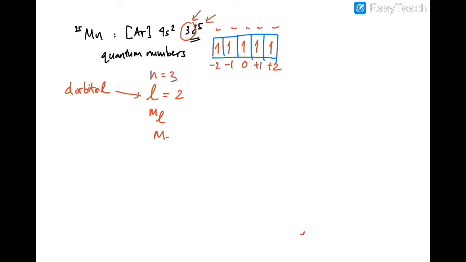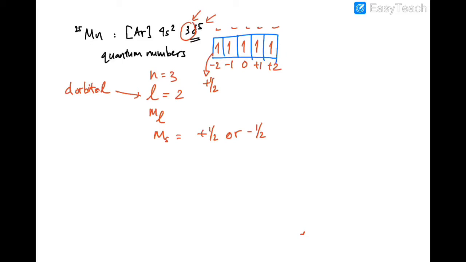Now the MS normally is either plus half or minus half. What's important is if you fill the electron first with spin up, or plus half, then the rest of the electrons should also be filled in spin up condition, because first it needs to fill all the empty orbitals with the same spin.